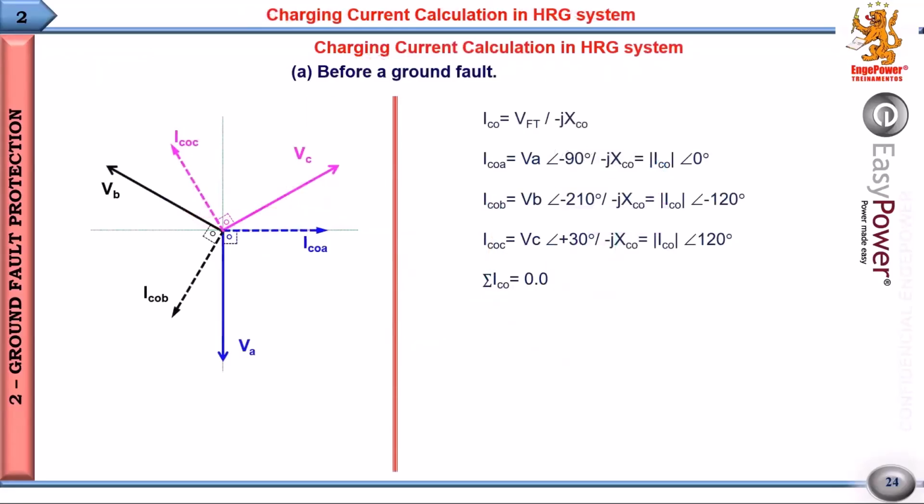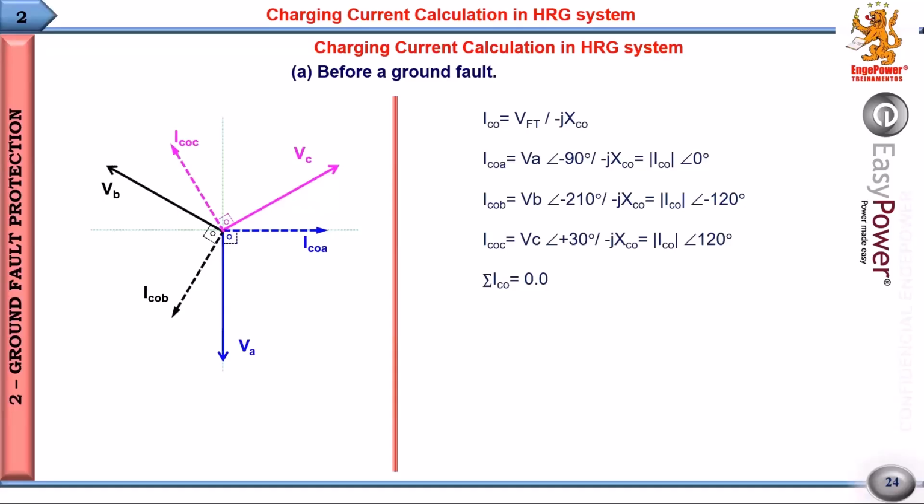Charging current. In an ungrounded system, for instance, or HRG systems, these currents are very low. For low voltage systems, normally IC0 is about 1 amp.